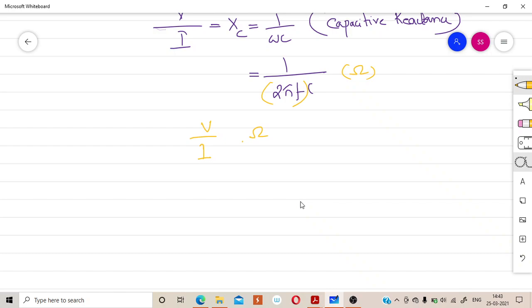And when the circuit is pure capacitive or pure inductive, then we will call it reactance X. If it is a pure inductor, then XL, that is inductive reactance. If it is a pure capacitor, then it is notated as Xc, that is capacitive reactance.